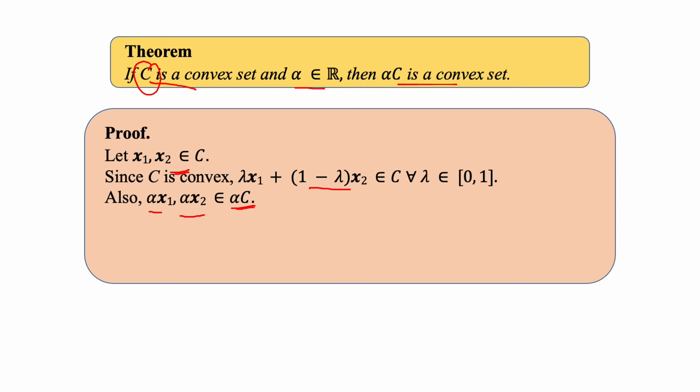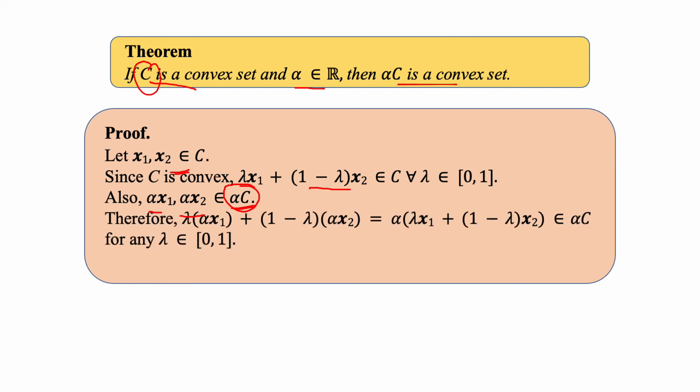What we have to show is that the line segment joining alpha x1 and alpha x2 should also belong to set alpha C. So if we take the line segment joining alpha x1 and alpha x2, which is represented as lambda into alpha x1 plus 1 minus lambda alpha x2, then you can rewrite it as alpha into (lambda x1 plus 1 minus lambda x2), and this is nothing but a point in set C. So alpha into this quantity clearly is in the set alpha C for any lambda in the range 0 to 1, which means that alpha C is a convex set.